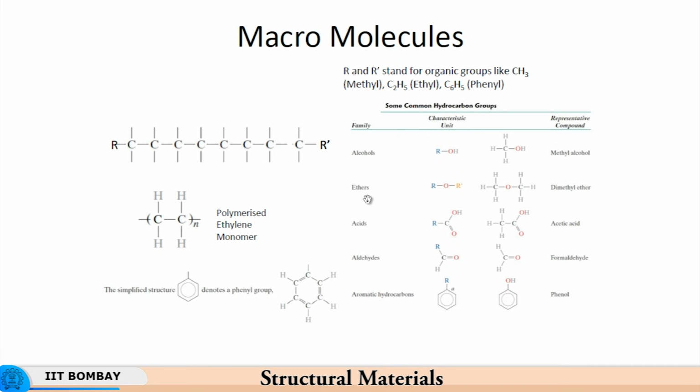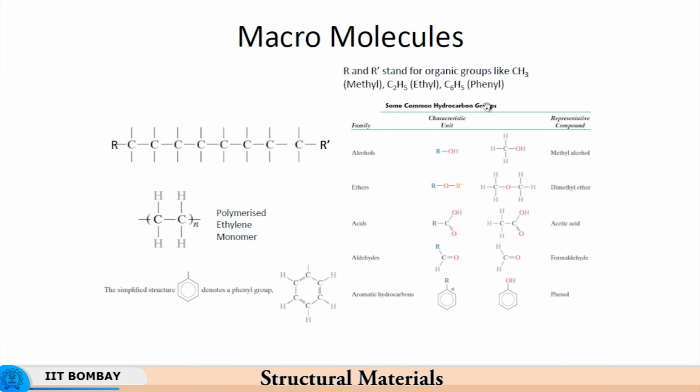Similarly, ethers have R-O-R dash, so CH3OCH3, dimethyl ether. All these bonds are single bonds. There is no double bond present in alcohols and ethers, all bonds are saturated.